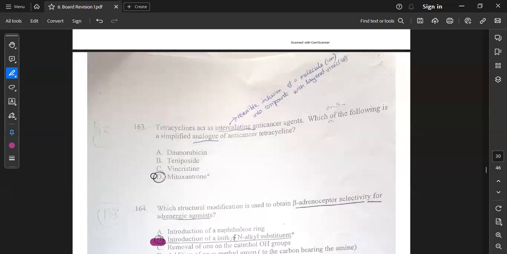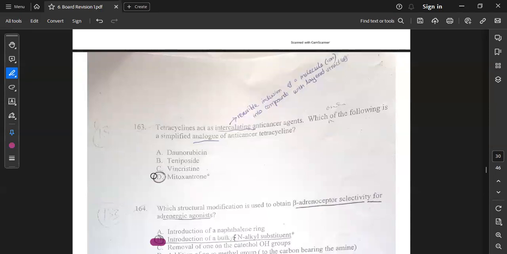So they end with the platins and also the mides. So ifosfamide, cyclophosphamide. And then we have antimetabolites, which are methotrexate and 6-mercaptopurine. And then we have cytarabine and capecitabine. So those are the 5-FUs. And then we have the camptothecin analogs, which is the topotecan and the irinotecan.